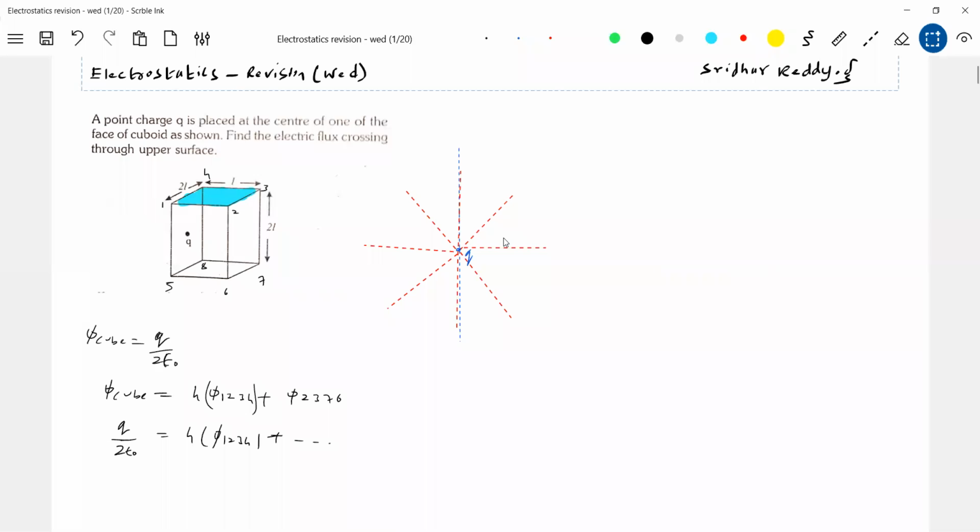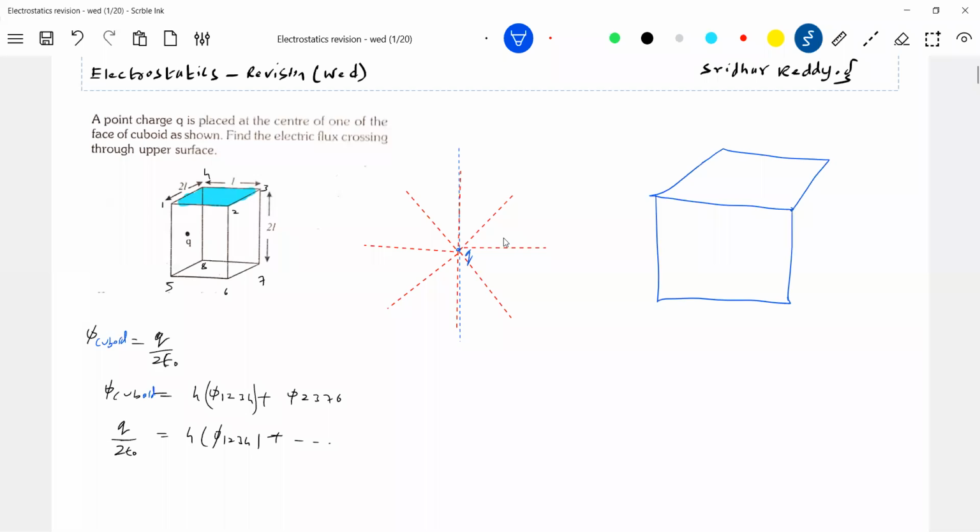I'll do one thing. How much will the length become? Sir, this is a cuboid, sir, not a cube. Not a cube, but we can make it a cube, no? No, you wrote it's a cube, sir. Okay, correction, I made it. The length should become 2L. Yeah.